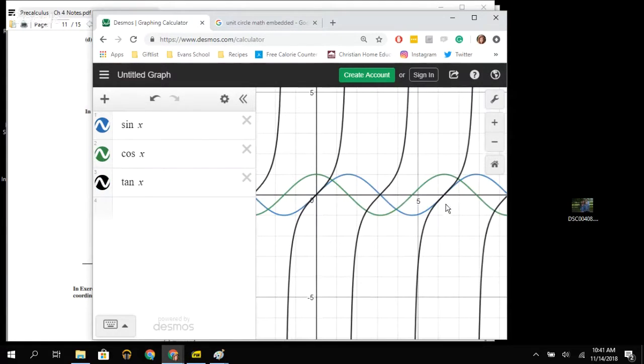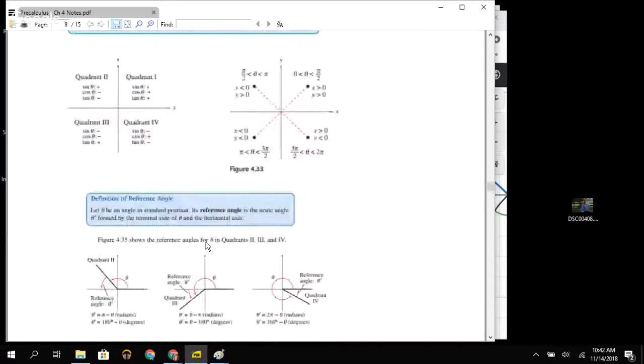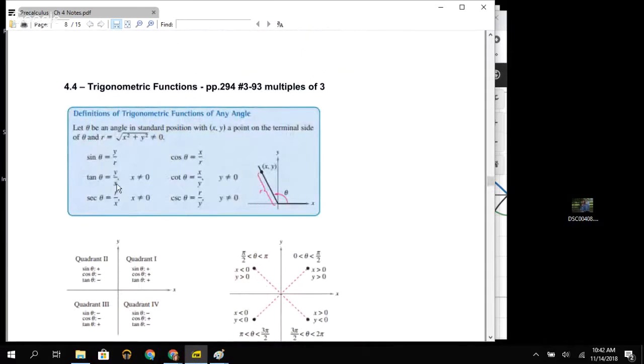All right, so let's look at this period from 0 to 2 pi, right? This is one sine curve period. Okay, so we've talked about how the tangent, way back in our notes here, is your y over your x, right?